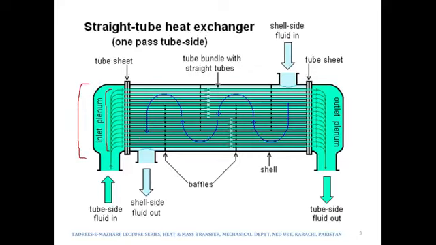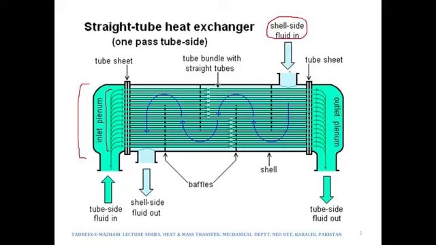So there would be one fluid which would be inside the tubes and the other would be outside the tubes, and the one which is outside the tubes may also be called as within the shell. So for example over here it says shell side fluid in.